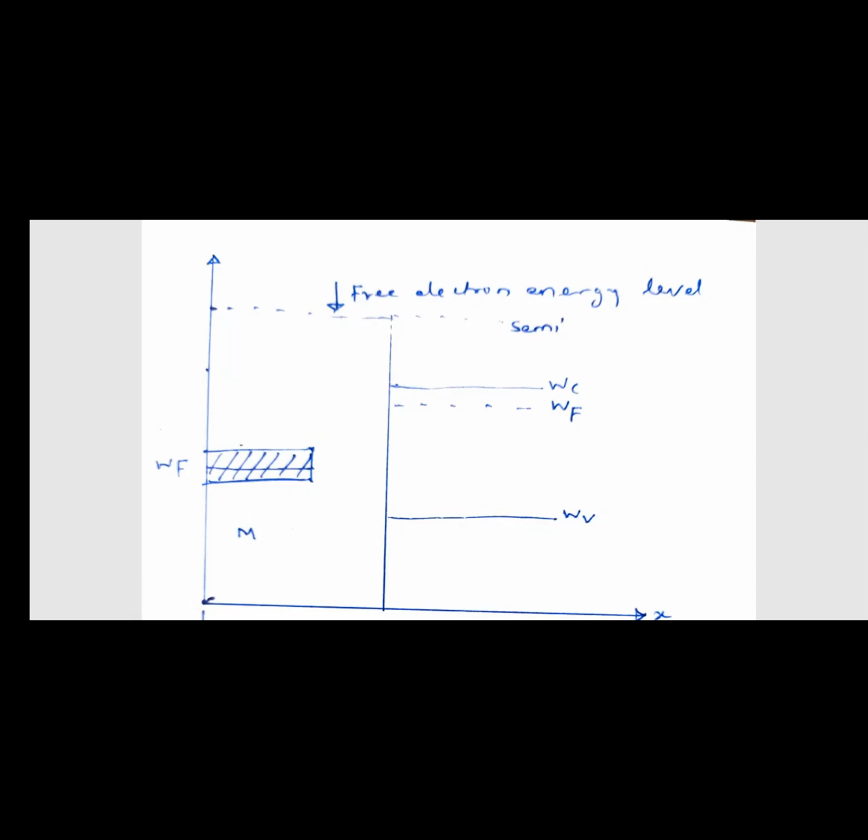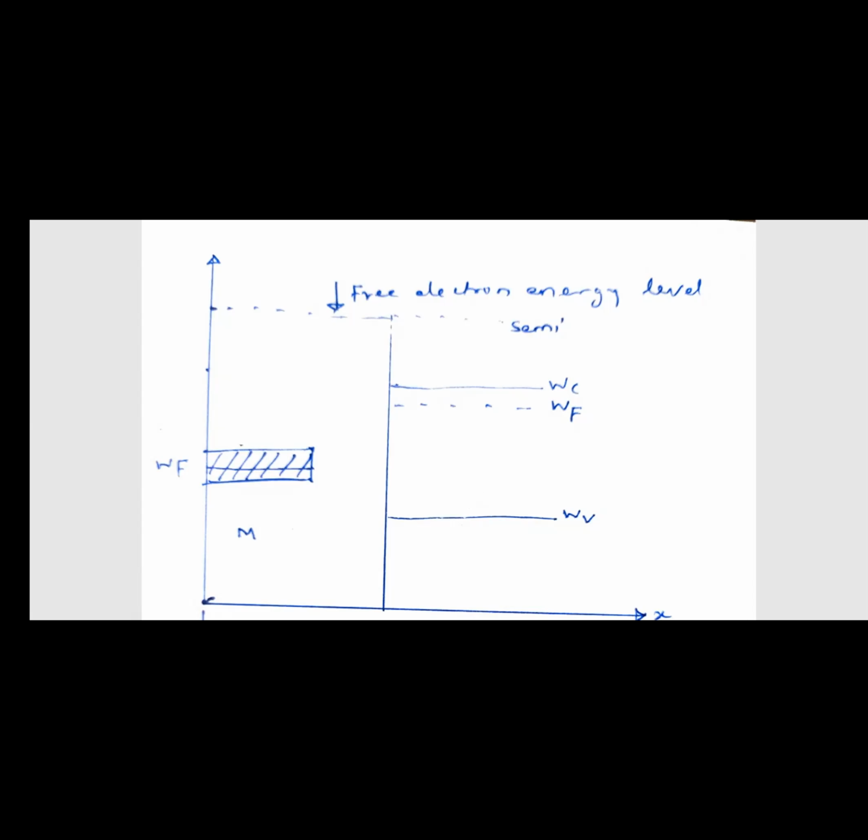If you look at the metal, the top line of the shaded box and the dotted line labeled free electron energy level have a huge gap between them. This shows that if you want to knock out one electron from the metal and make it free to move in free space, there is a huge difference between the top line of that shaded box and that dotted line. It means a larger amount of energy is required for an electron to liberate from the metal.